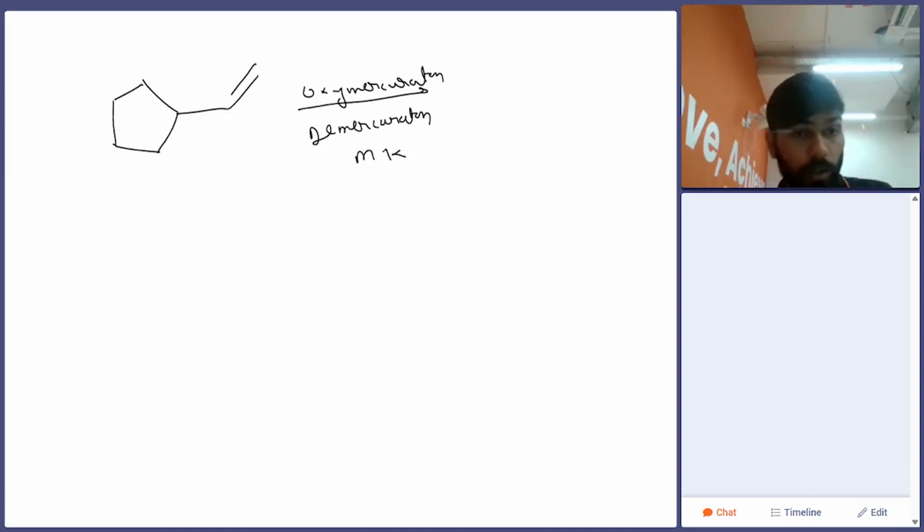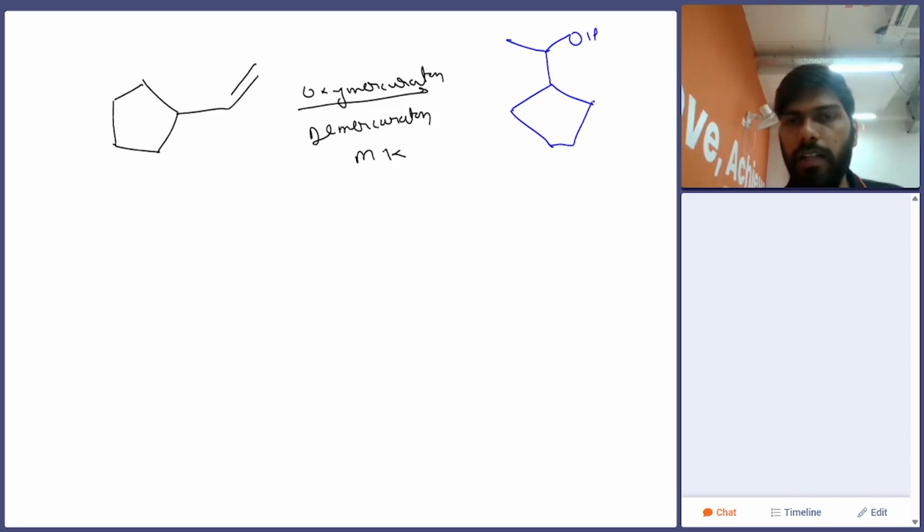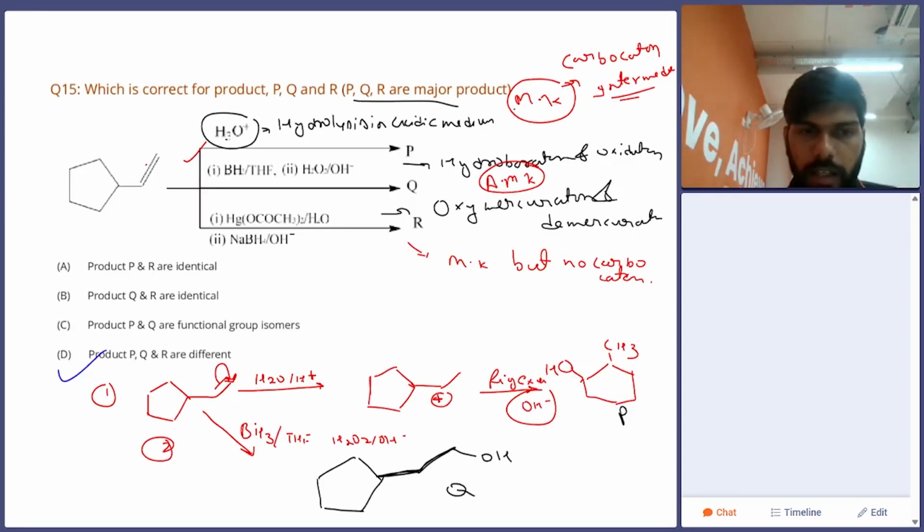So the simple product: OH will be here and H will be there. If you want, you can arrange these structures. This is OH, and that's it. Clear? Now all the three products are different from one another, so the right option is option D.